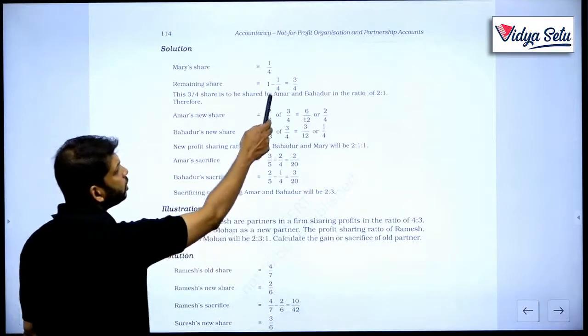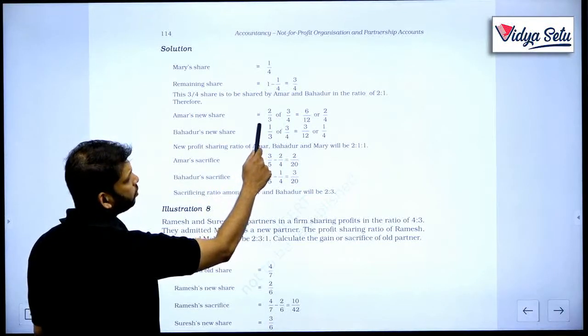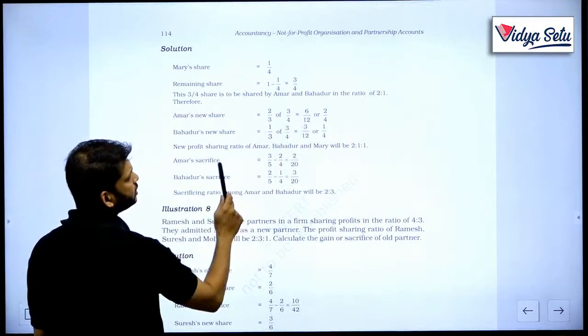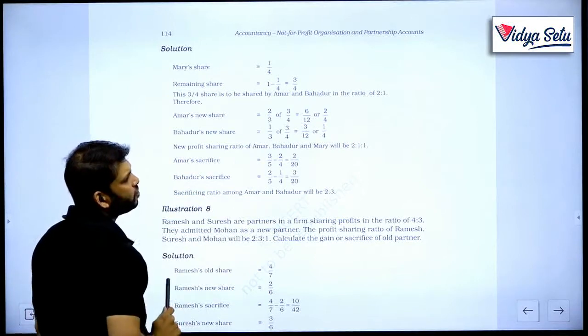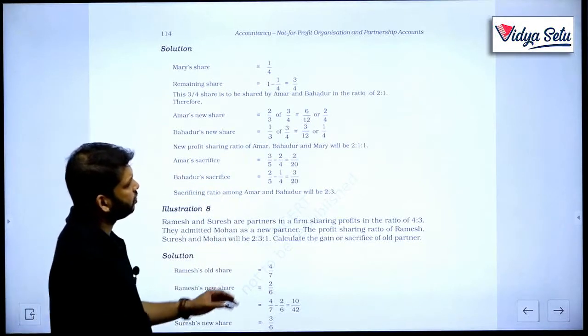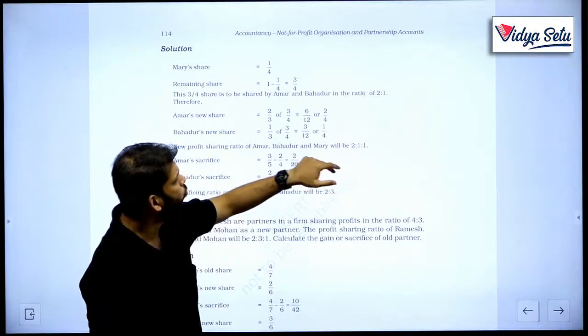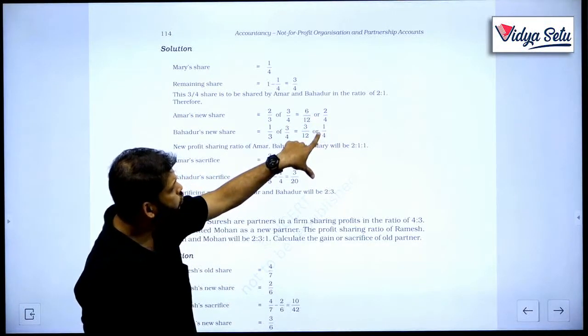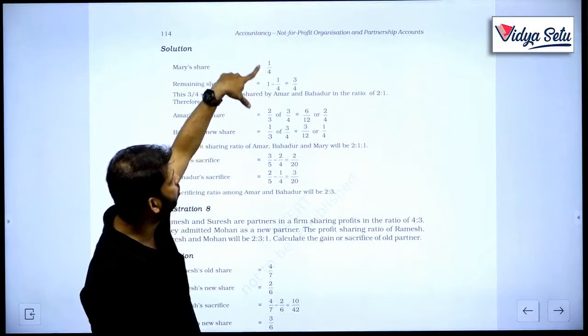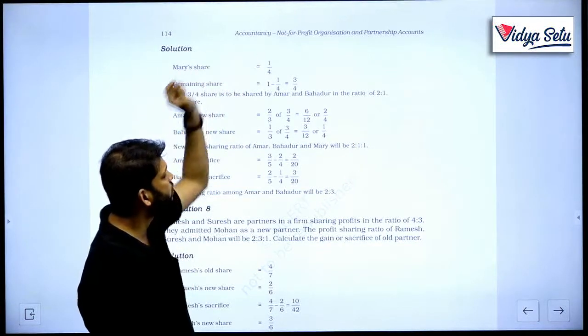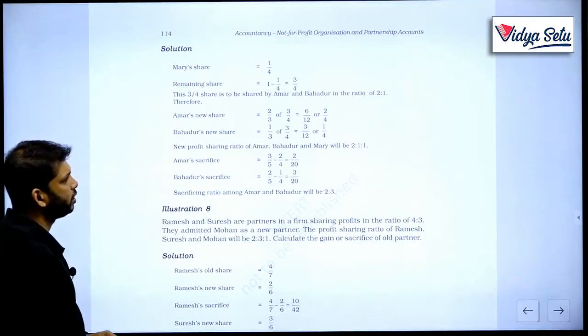So 3/4 multiplied by 2/3 we get this, and 3/4 multiplied by 1/3 we get this. So the new profit sharing ratio becomes 2:1:1.